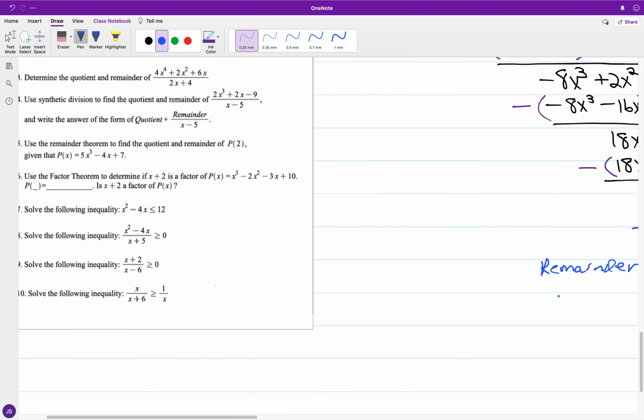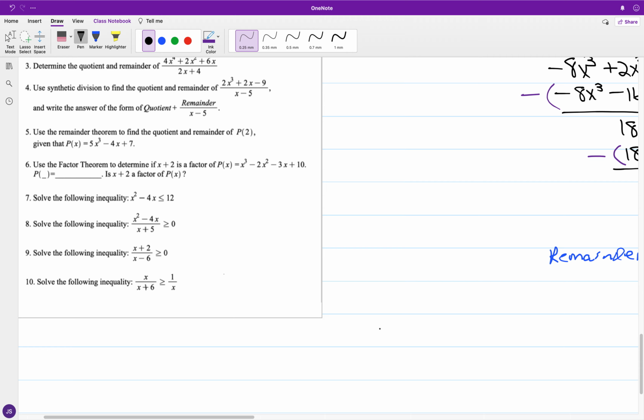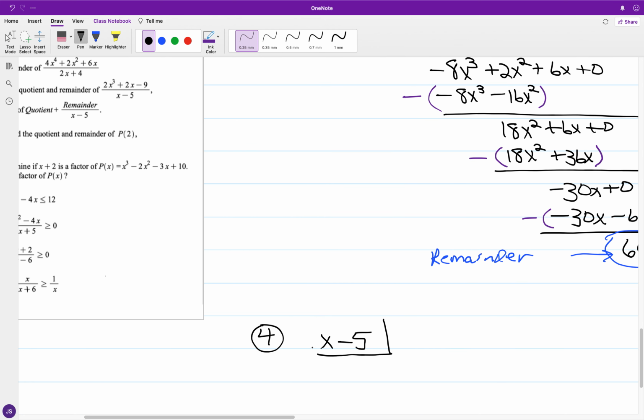In this one, we have the divisor x minus 5, and the dividend 2x cubed plus 2x minus 9. Now I'm going to use synthetic division. I am at liberty to convert, since the divisor is first order in x, and the leading term is x, no coefficient other than 1 in front of it.